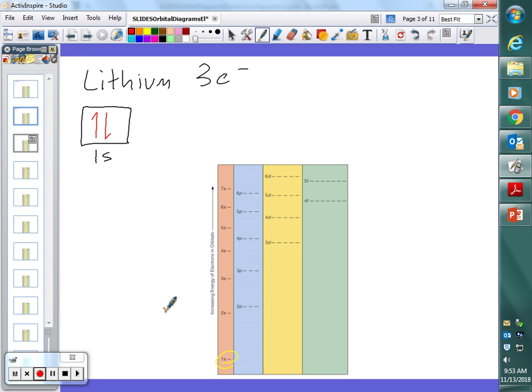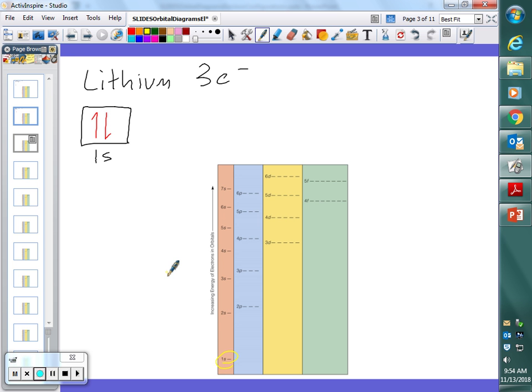Each orbital can only hold a maximum of 2 electrons. Okay? But how many electrons does lithium have? 3. That means we need another orbital. So we go back to our chart, and we said we're going to read this chart from where to where? Bottom up. 1s is the orbital that's closest to the bottom.